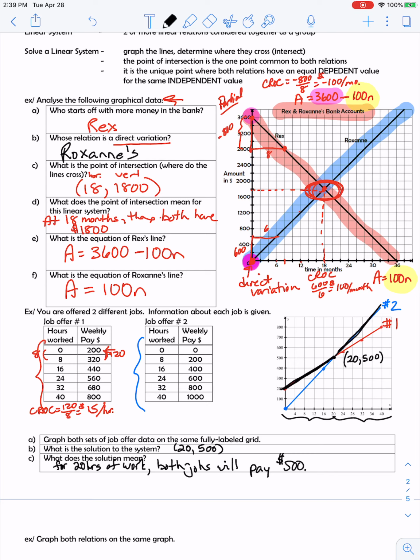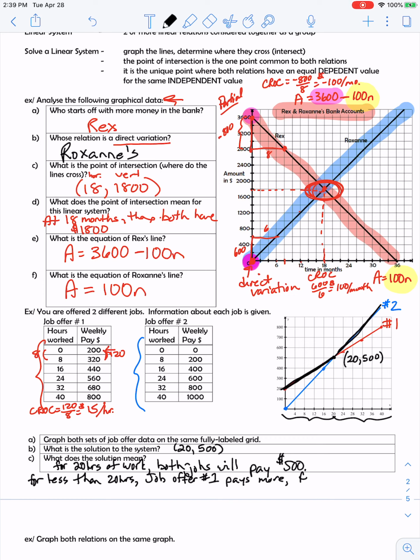So for less than 20 hours, job offer 1 is better, pays more.